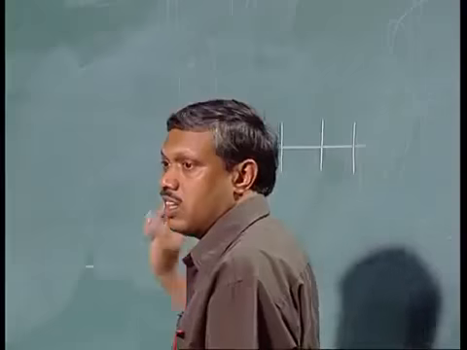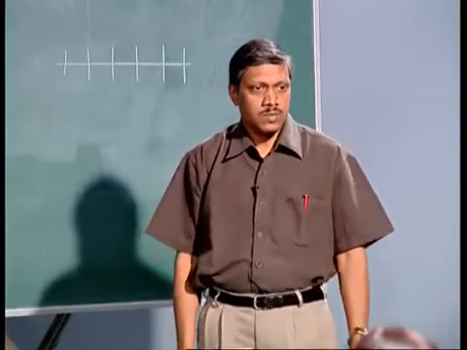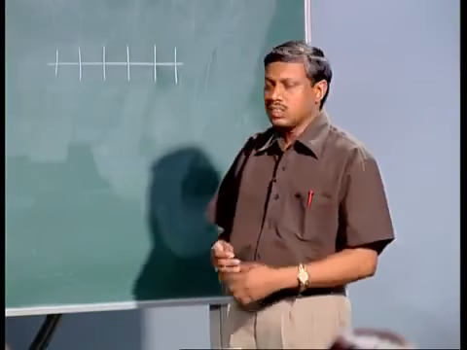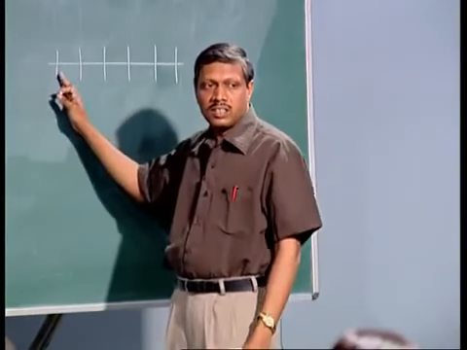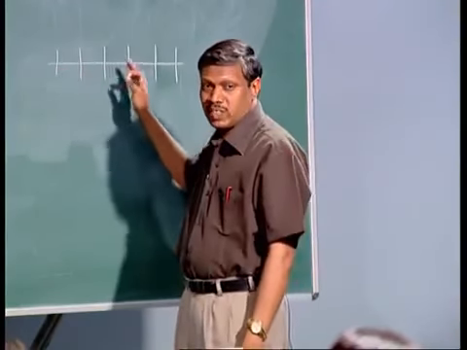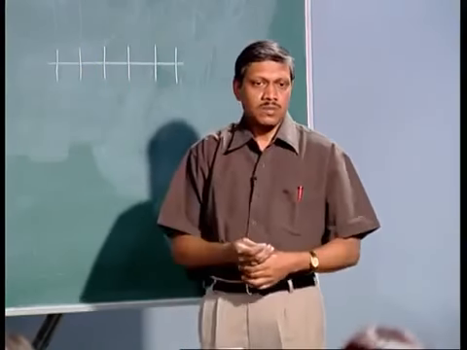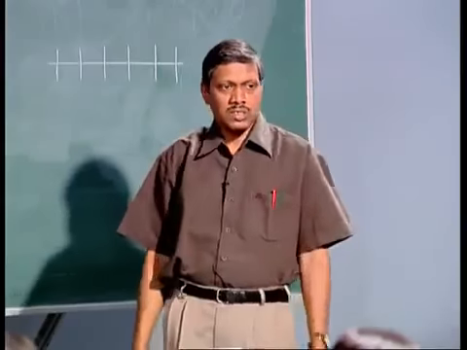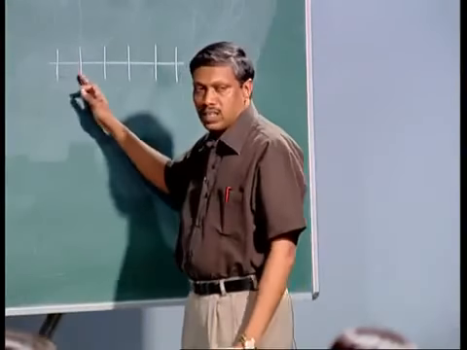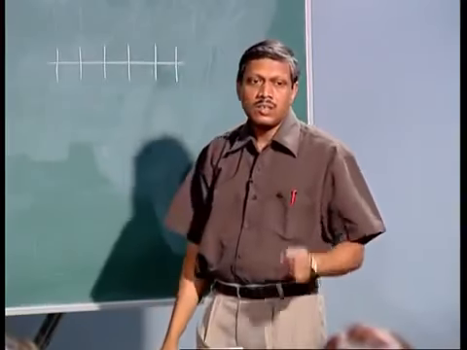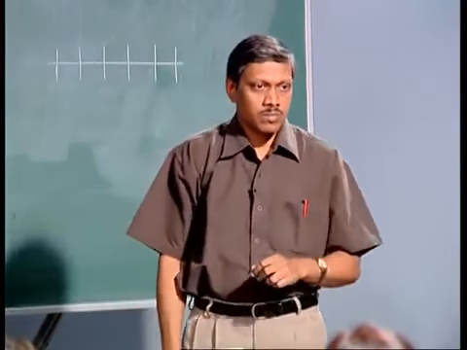So, this is a linear array. Generally it is considered that in a linear array the elements are equally spaced. If you are talking about a uniform antenna array, which I will be discussing later on, identical elements equally spaced along a straight line will create a linear array.